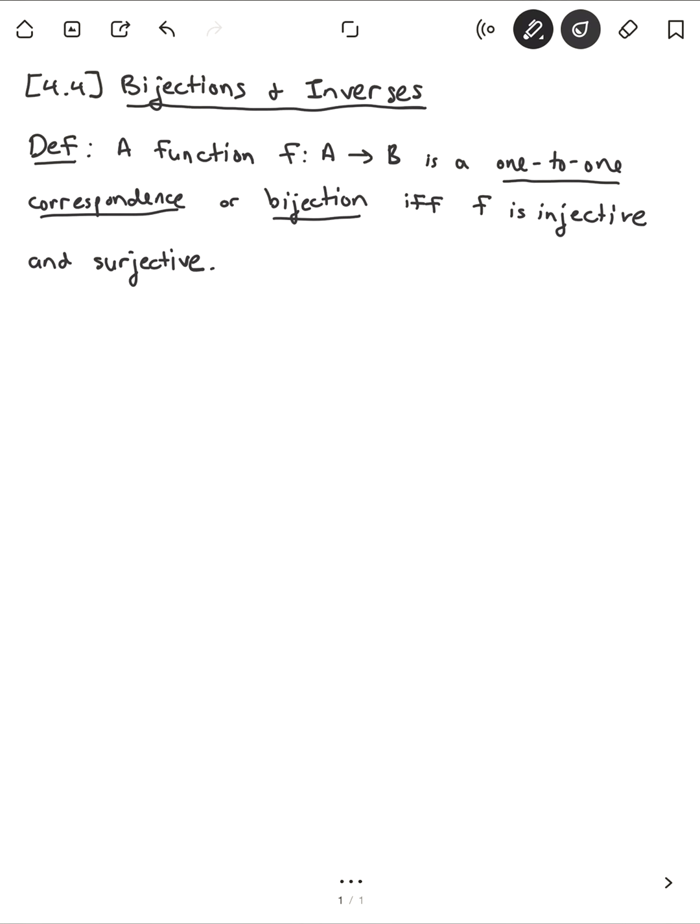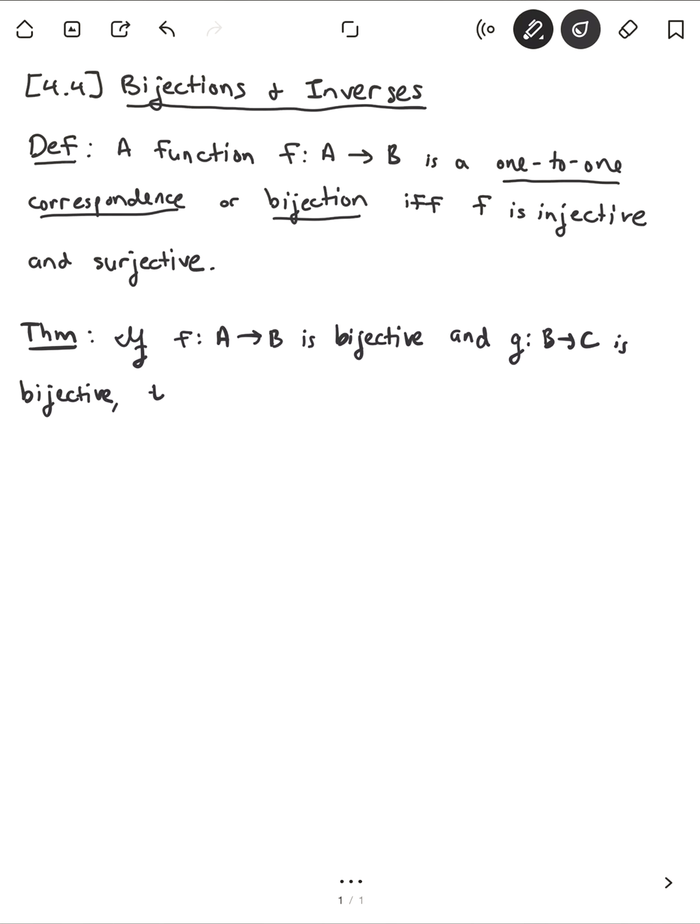Okay, there's an analogous theorem to injections and surjections for bijections. So if f from A to B is bijective and g from B to C is bijective, then the composition of the two functions from A to C is bijective.